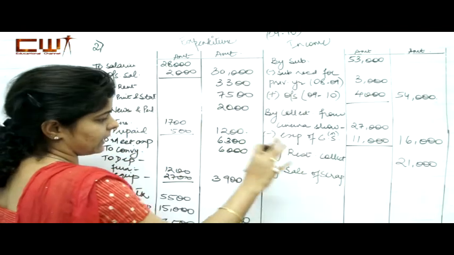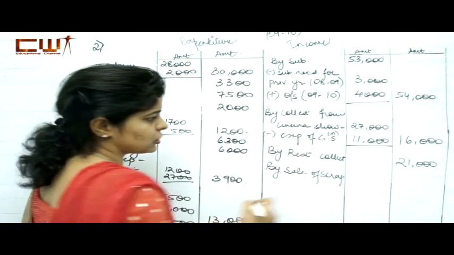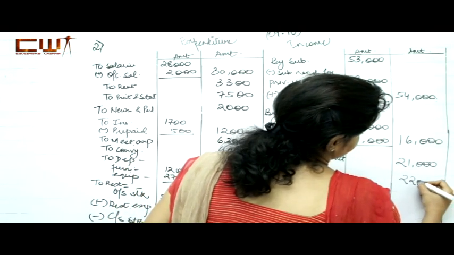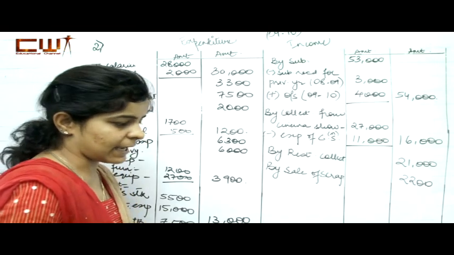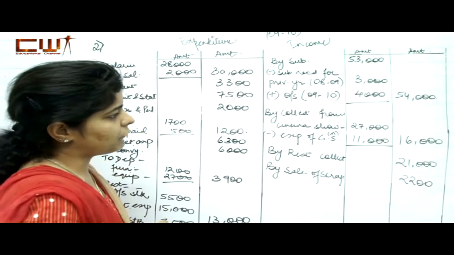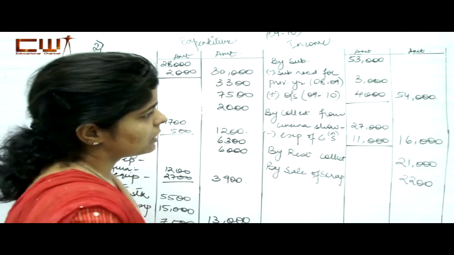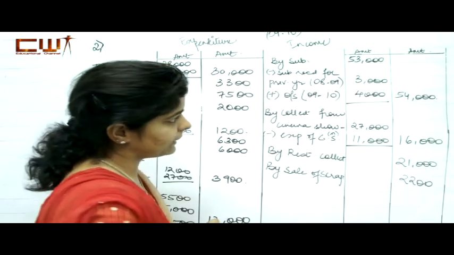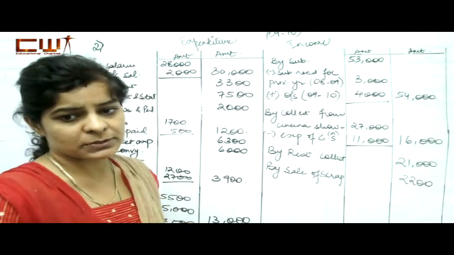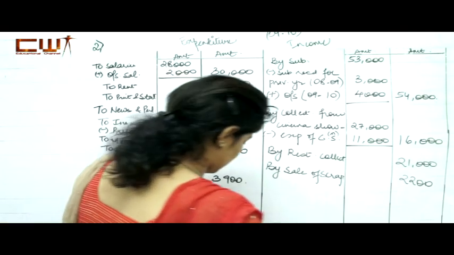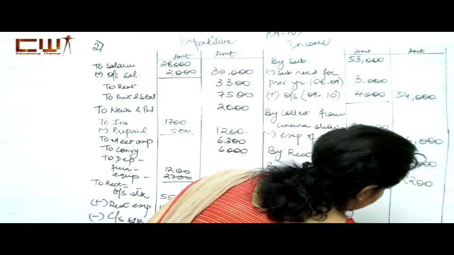There is no adjustment, so directly, sale of scrap is 2,200. Total of the columns: 54,000 and 16,000 give 70,000, and 70,000 plus 21,000 plus 2,200 gives you 93,200.